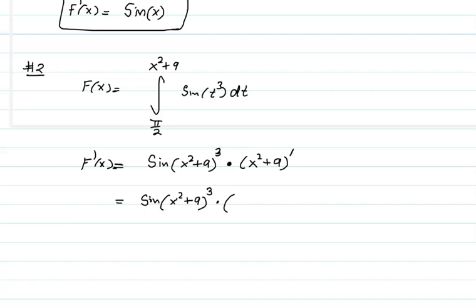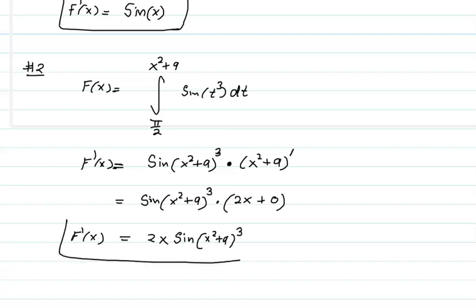Then the derivative of x square plus 9 is: the derivative of x square is 2x, the derivative of the constant 9 is 0. Then we write the 2x in front to make it look beautiful: 2x times sine of x square plus 9 cubed. So this was the derivative of the given integral function using the second FTC.